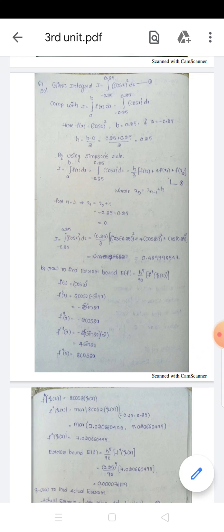Given integral I is equal to integral from minus 0.25 to 0.25 of cos x square dx. This is equation 1.